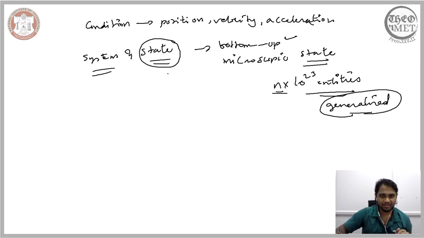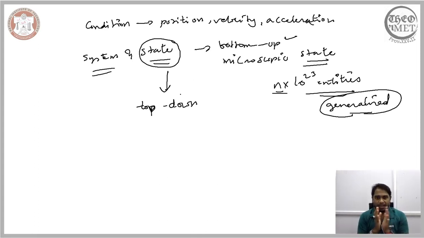However, there is another approach, which is top-down. In the top-down case, instead of breaking the system down into smaller pieces, into its fundamental state, wherein Newtonian mechanics can be introduced to understand its behavior and then tracking back to the entire state of the system, we can consider the entire system that is perceivable to us, the entire system that we can see with our naked eyes.